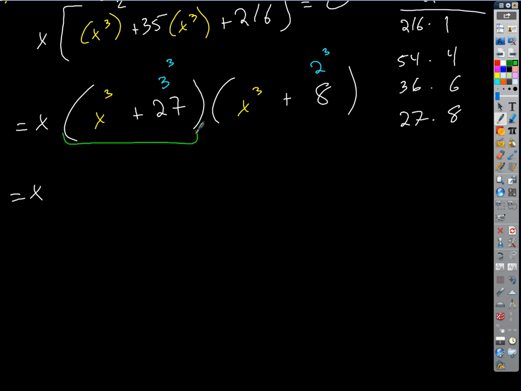We got a sum of cubes, so I'm going to get x cubed plus 3 cubed. A plus B, so x plus 3 times a squared minus ab, 3x, plus 9, b squared, right?